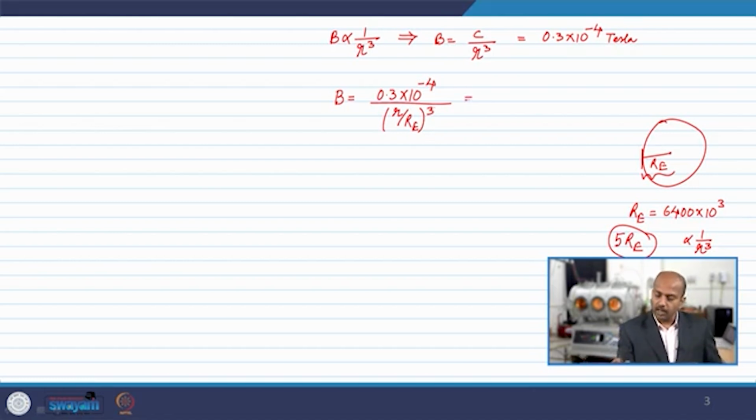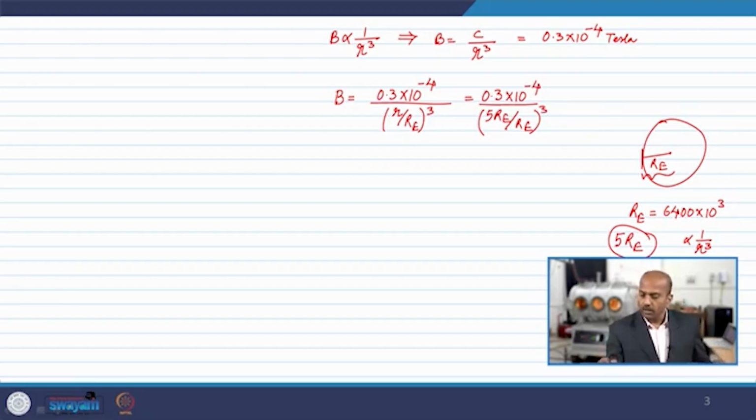So, we can write it as 0.3 × 10⁻⁴ Tesla divided by (5 RE/RE)³, which equals 2.4 × 10⁻⁷ Tesla.